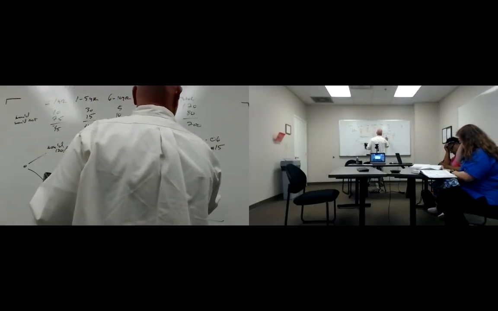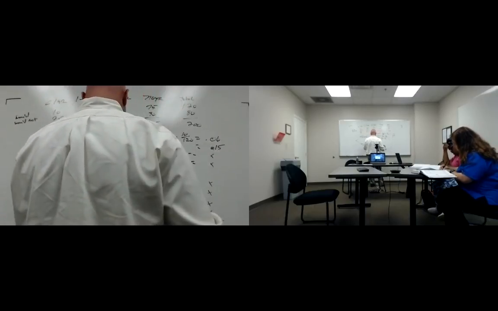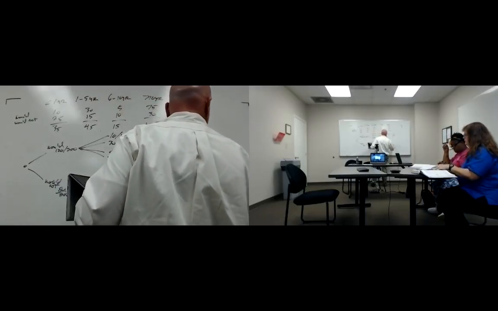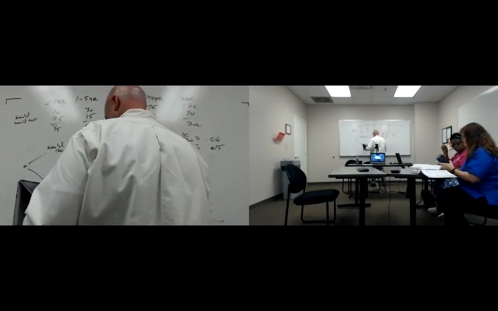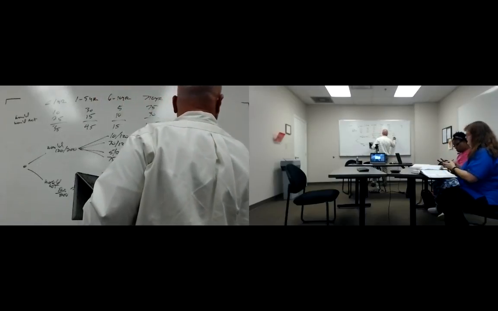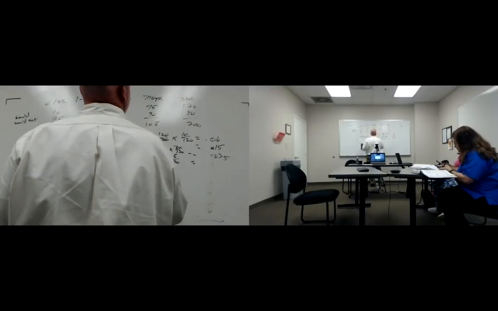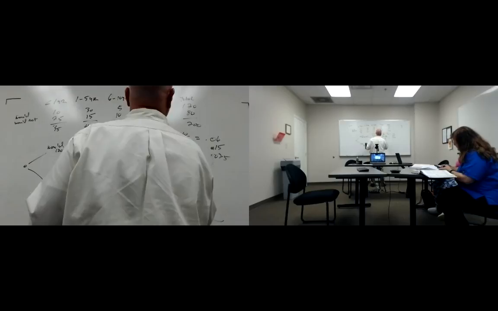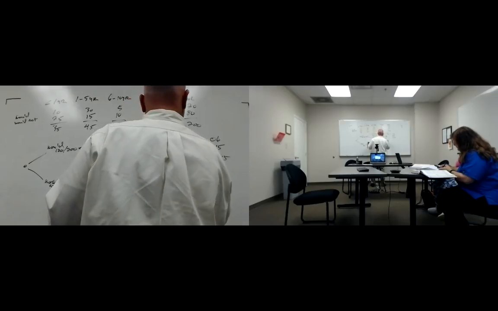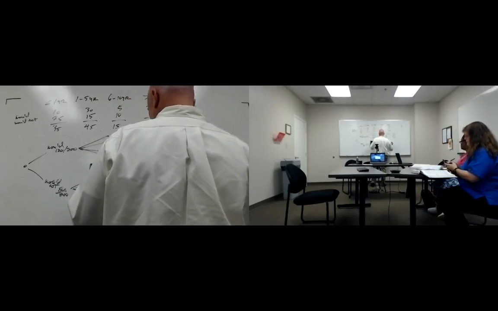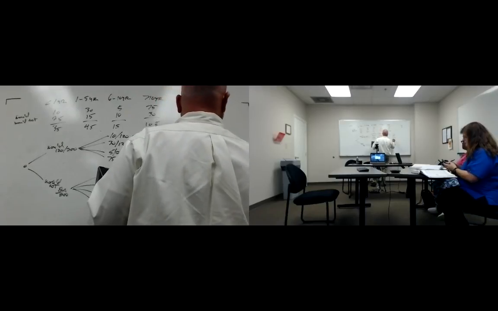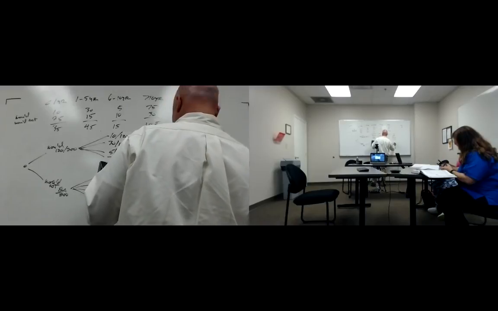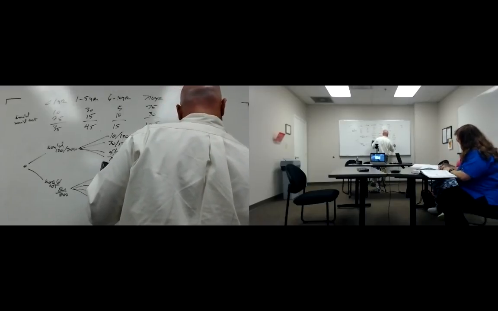What's that give me? 0.025. And finally, greater than 10 years: 120 over 200 multiplied by 75 over 120. For the sake of time, 0.375.